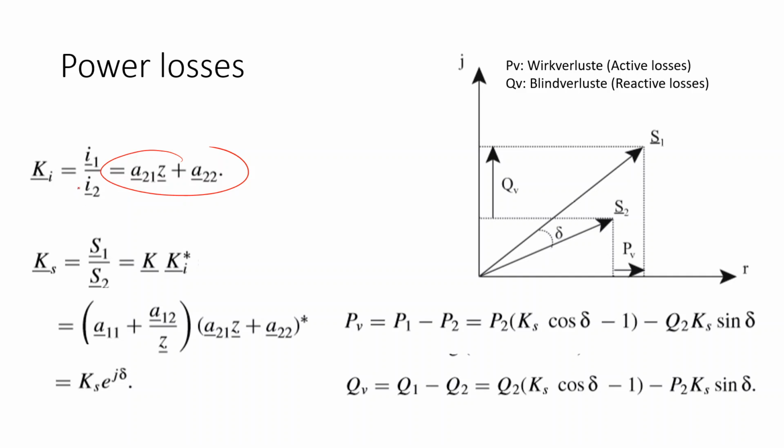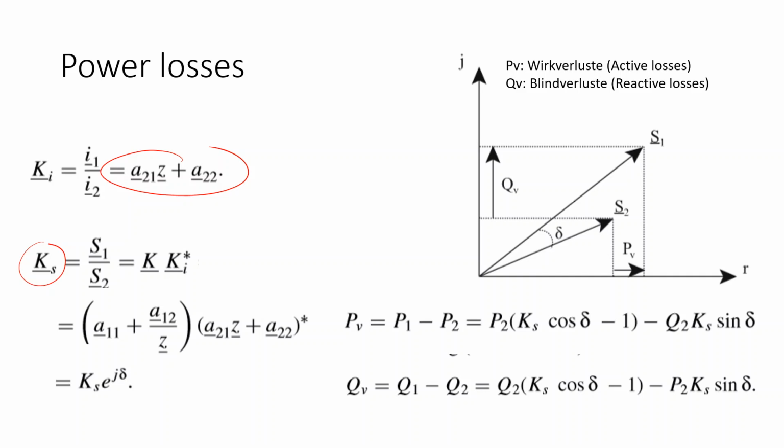If you want to find the Ks, this is the ratio of the power from the sending end to the receiving end. So this is the ratio of power at the source and at the load, right? It's a multiplication of U and I conjugate.